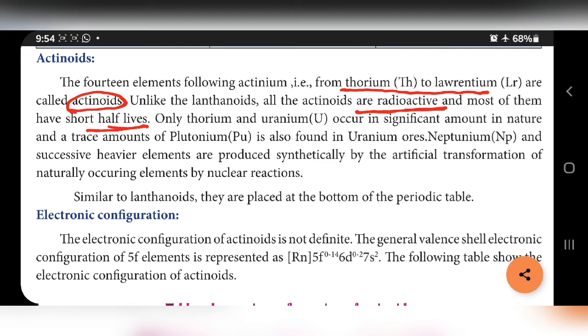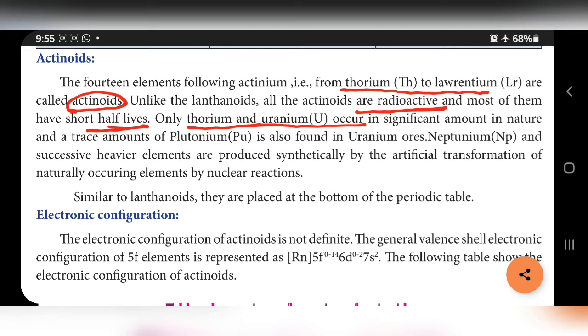Lifetime is short. Only thorium and uranium occur in a significant amount in nature, and a trace amount of plutonium is also found in uranium ores.